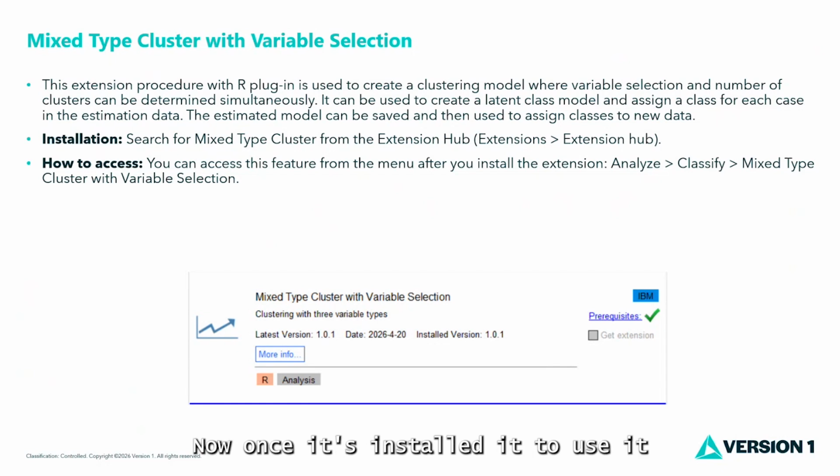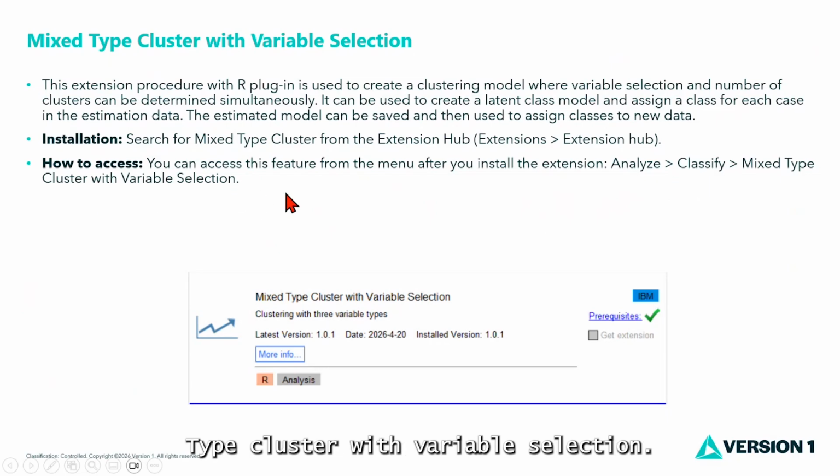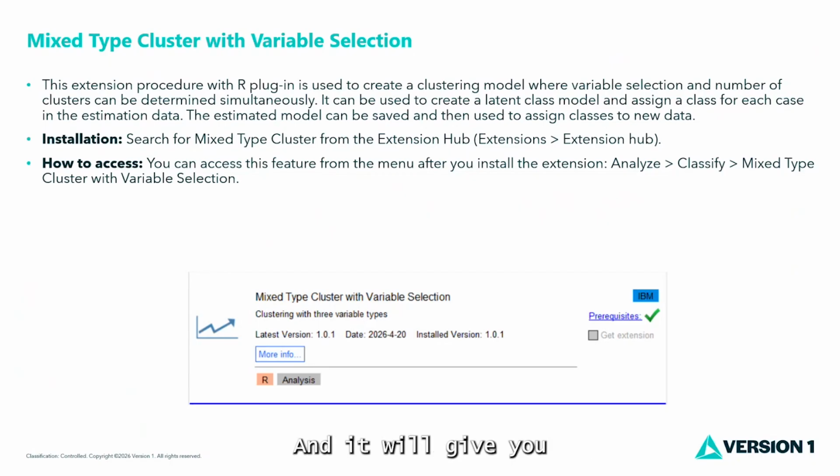Now, once it's installed, to use it, you'll go to the Analyze menu, select Classify, and select Mixed Type Cluster with Variable Selection. Now, this creates a clustering model that uses variable selection, and it will give you the number of clusters. So it's actually quite useful. We'll have a look at building a cluster model using this extension.